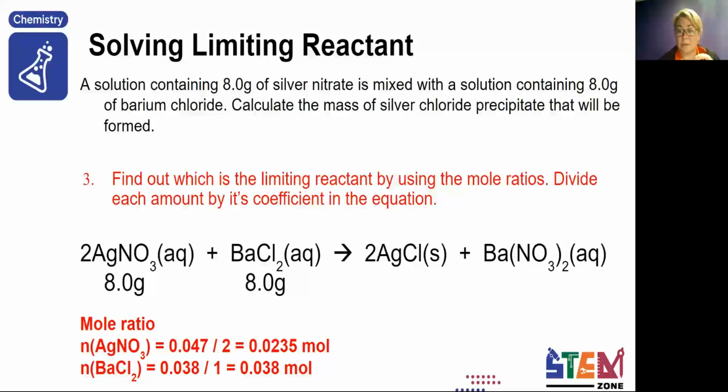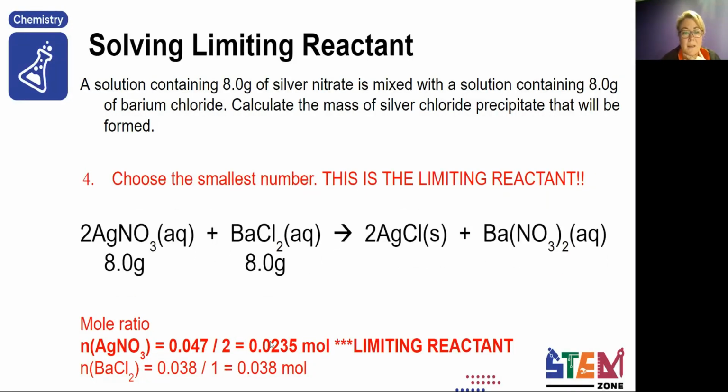So to find the limiting reactant, I divide my silver nitrate by 2, and my barium chloride by 1, because it's the coefficient of the substance you're looking at. So now my silver nitrate has become my limiting reactant, because it's the smallest number.